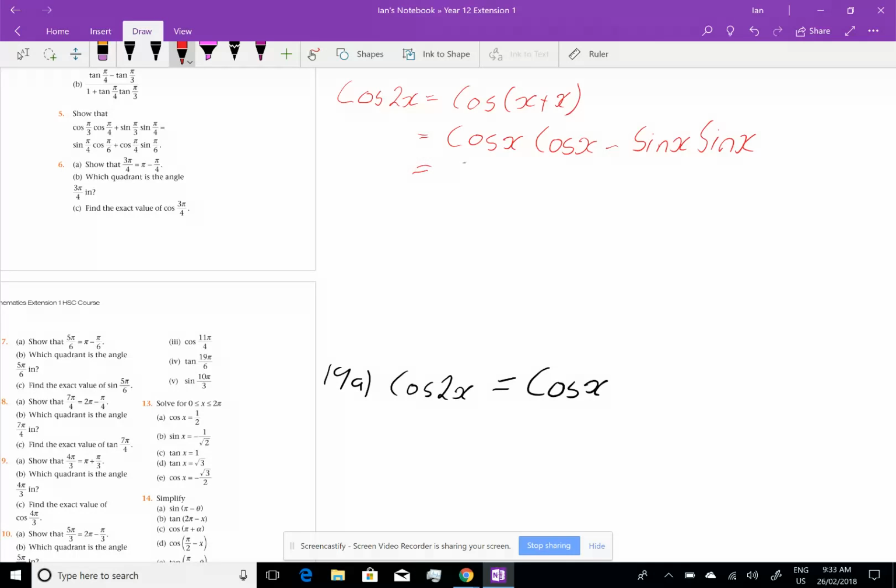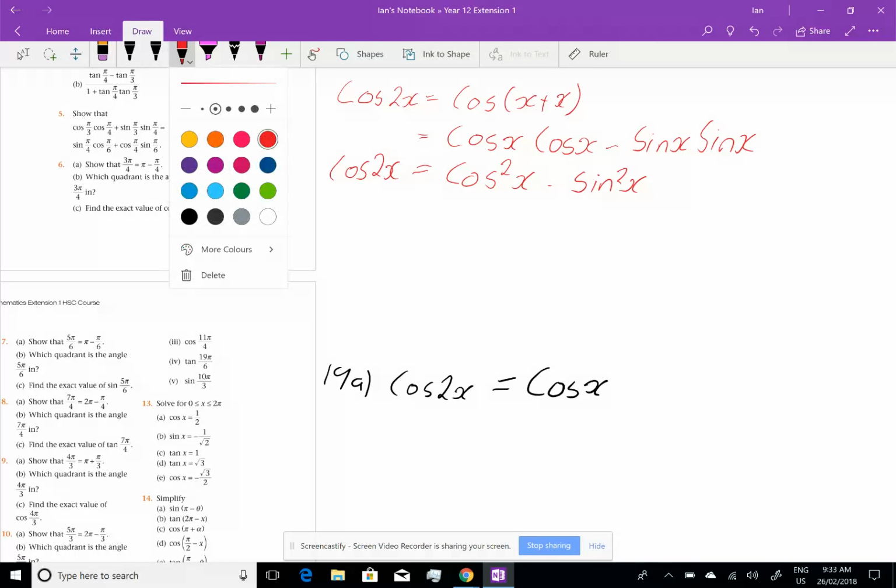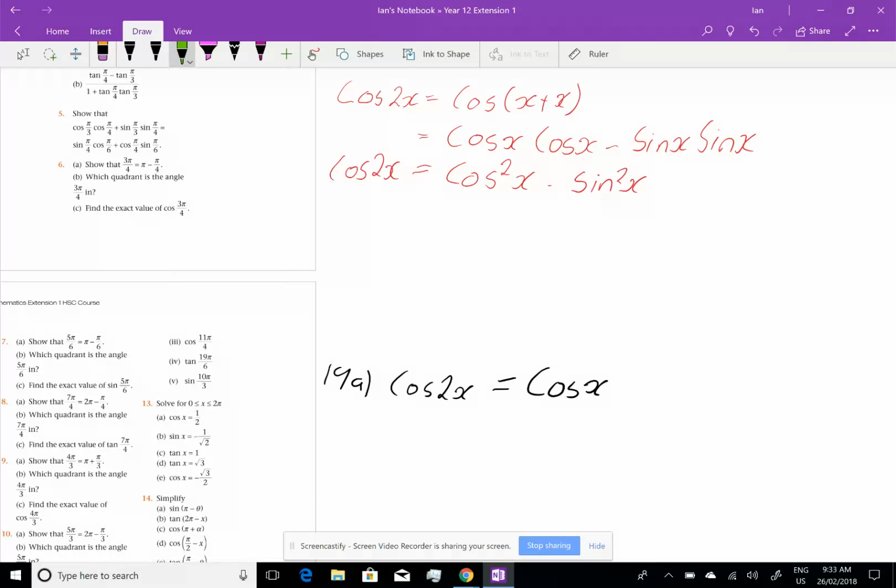Well, this becomes pretty easy now because I get cos squared x minus sine squared x. It's still not exactly how I want it, because I want it in terms of just cos. So I'm going to rewrite sine squared x.